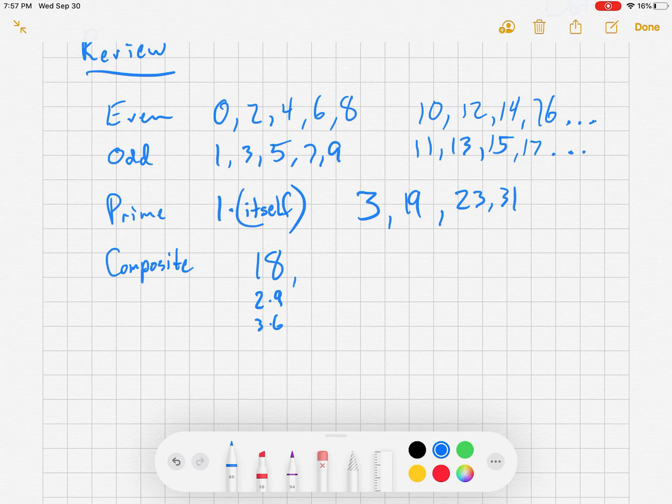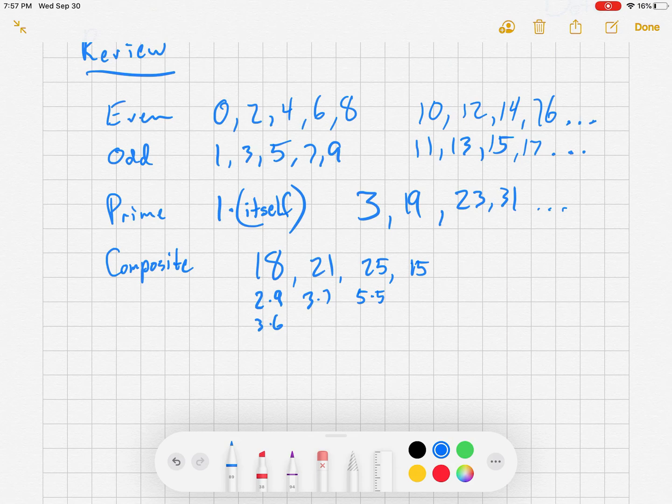Other composite numbers would be numbers like 21, because 3 times 7 makes that composite. 25, because 5 times 5. 15 would work, right? So there is an infinite number of primes, and I'm just going to put dots on there indicating that there's all of them.